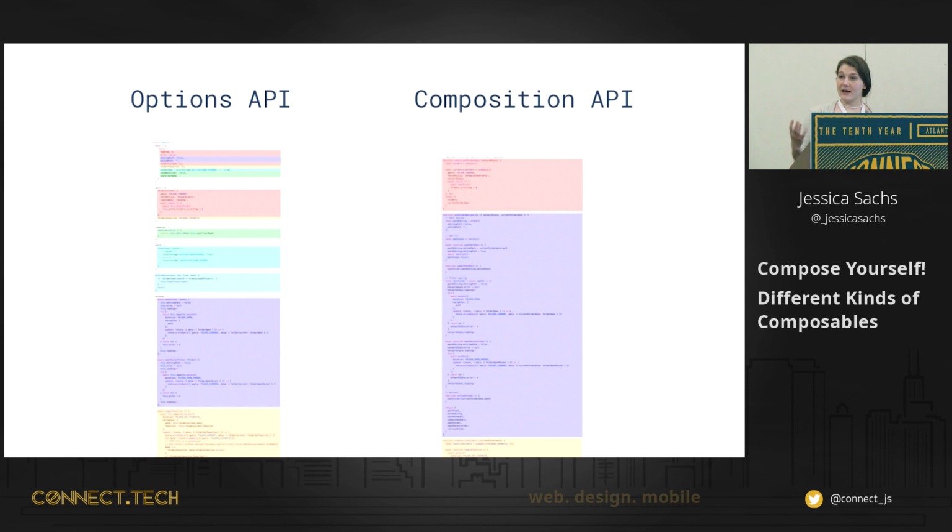And in the composition API, everything is grouped by concern. So it makes it much easier to quite literally put your cursor at the top of the red section on the left and bring it all the way down, cut and paste that into a new JavaScript file. And I understood how the options API could map to the composition API, how I could reuse or move some data from one side to the other.